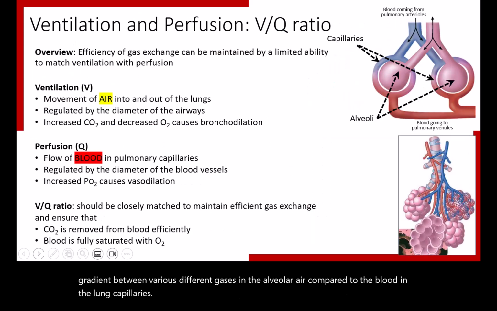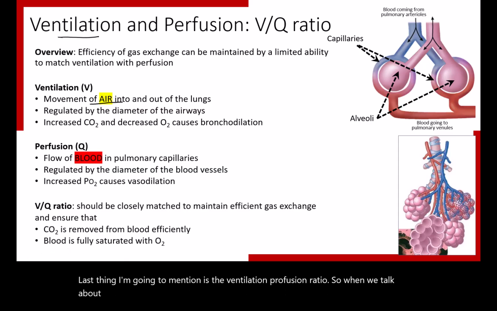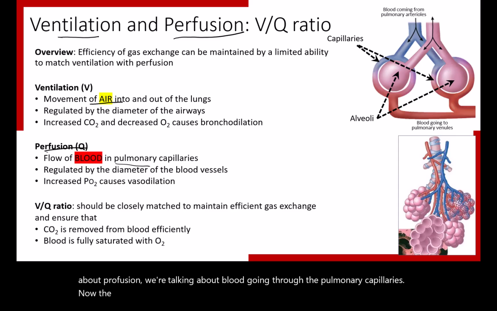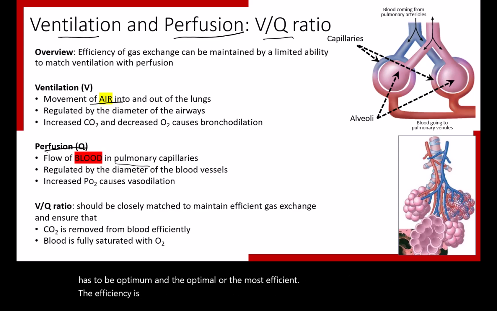Last thing I'm going to mention is the ventilation-perfusion ratio. When we talk about ventilation, we're talking about air going in and out of the lungs. When we talk about perfusion, we're talking about blood going through the pulmonary capillaries. Now, the ratio of air going into the lungs and blood going into the pulmonary capillaries has to be optimum, and the efficiency is called the VQ ratio, right?